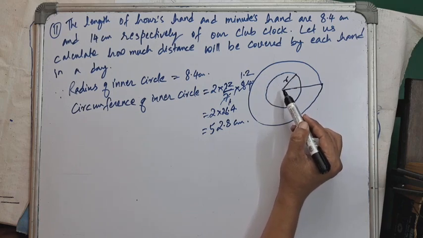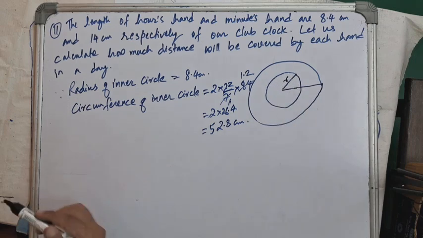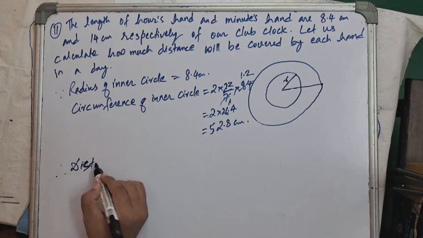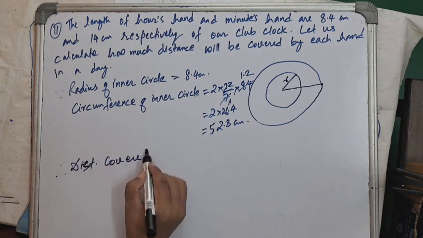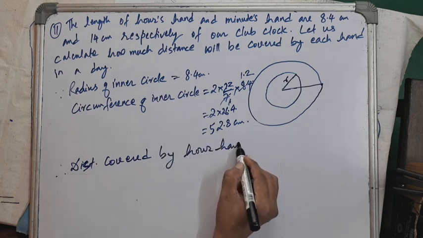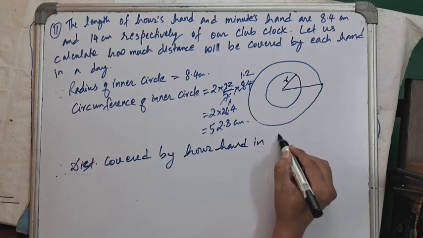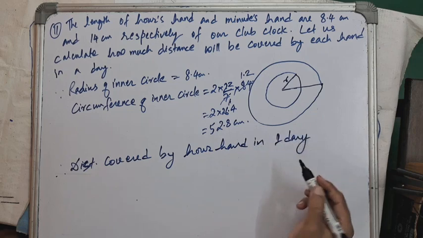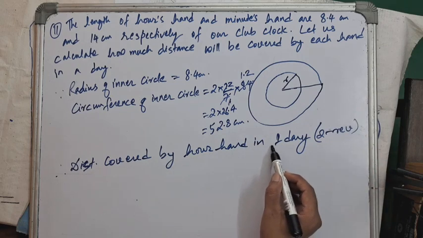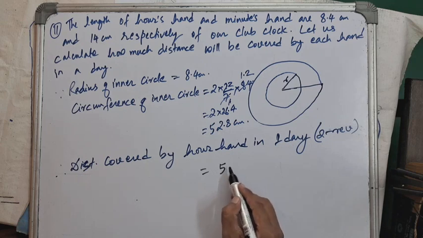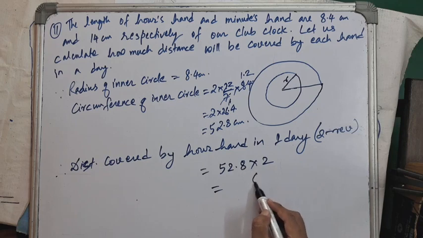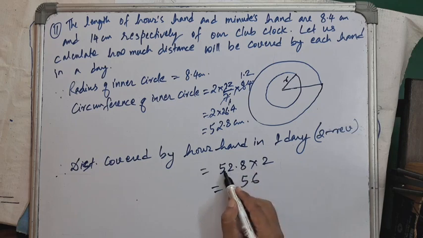Therefore, the distance covered by our hour hand in one day, meaning 2 revolutions, equals 52.8 into 2. 2 8s are 16, 6, 2 2s are 4, 1, 5, 2 5s are 10.